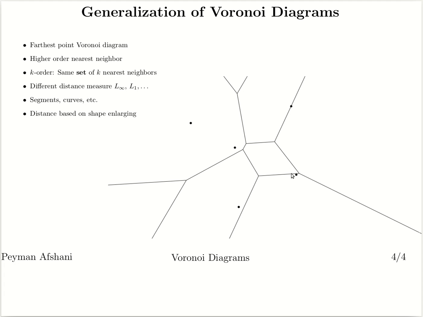For points over here, this is the nearest neighbor and this is the second nearest neighbor, and for the points over here, this is the nearest neighbor and this is the second nearest neighbor. But either way, for everything inside this region, these 2 points are exactly the first and the second nearest neighbor. So you could potentially have many more Voronoi regions here, because you could have many different subsets of the inputs that define the k nearest neighbors.